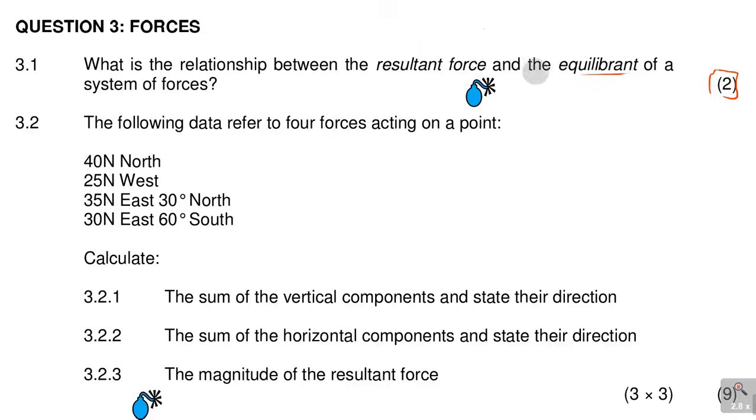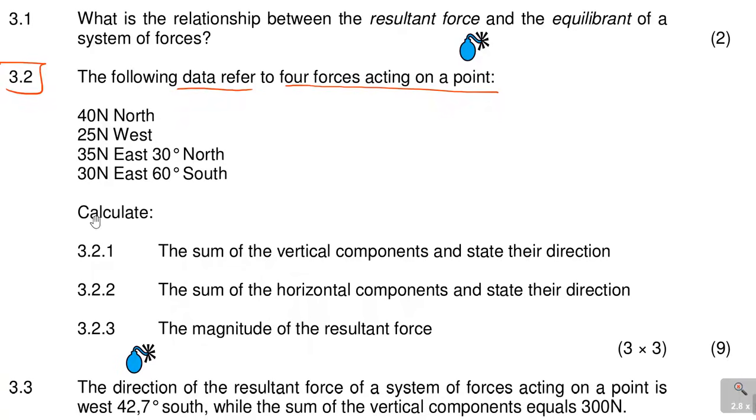Now let us look at the calculations, which is the main part of the lesson. 3.2 says the following data refers to 4 forces acting on a point. So we've got 40 newtons north, 25 newtons west, 35 newtons east 30 degrees north, 30 newtons east 60 degrees south. Now calculate the following.